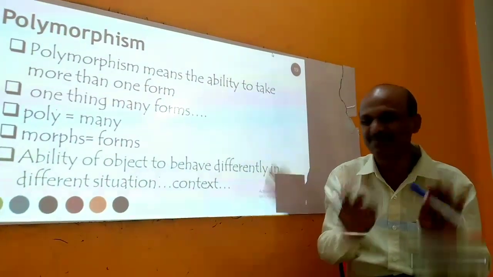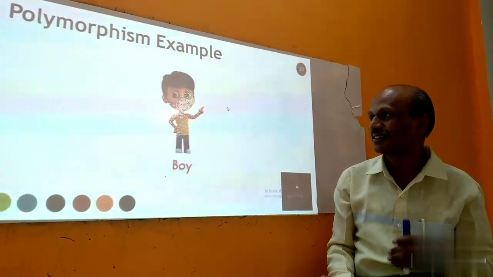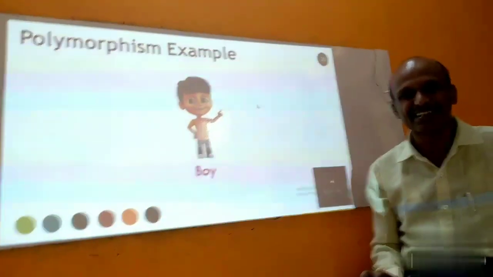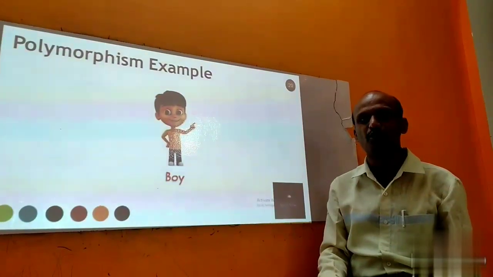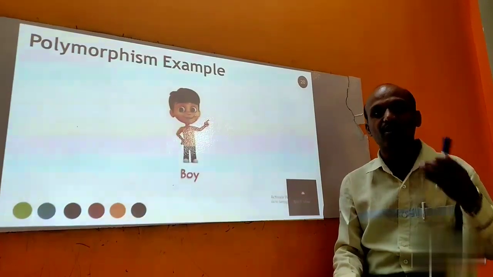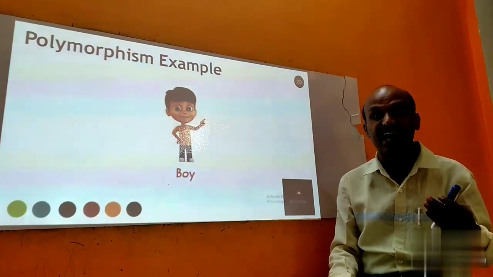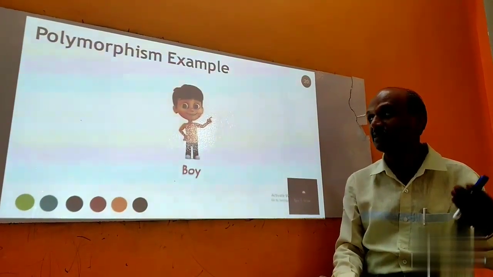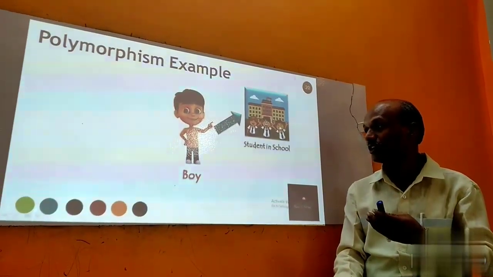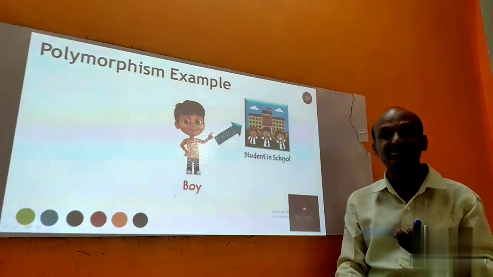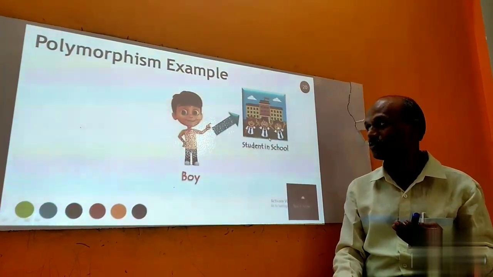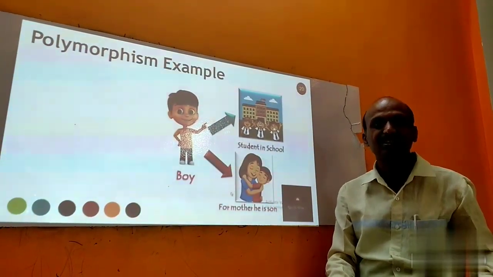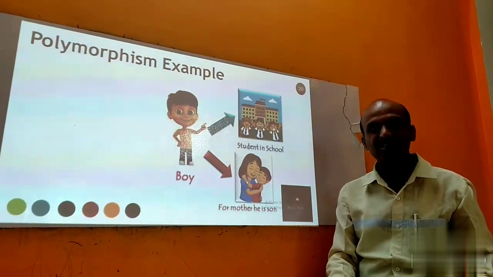Don't worry, again I will explain it to you pictorially. Again consider my same characteristics. Boy is one object, one thing. Whenever there is a change in context, change in situation, at runtime, this boy behaves differently in different situations. When this boy goes to school, he is not a boy now, he is a student in a school. One boy, now he is a student. Same boy is a son for his mother.